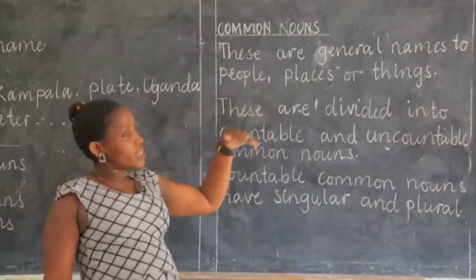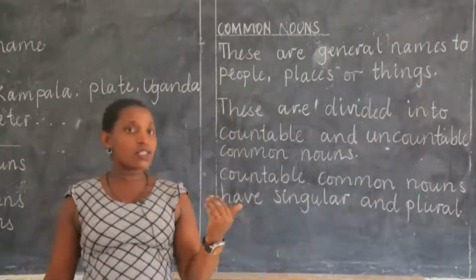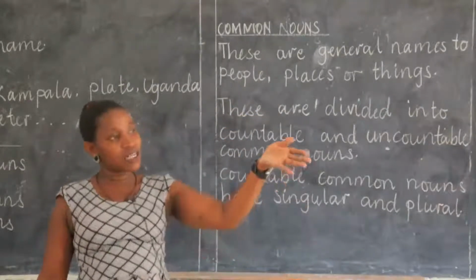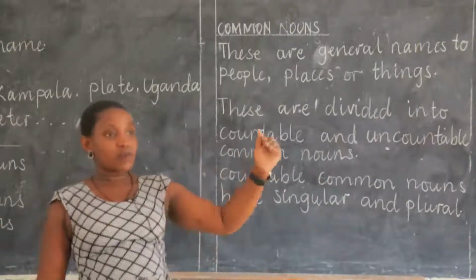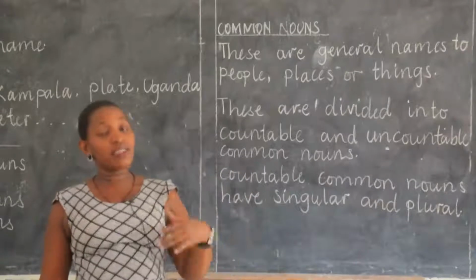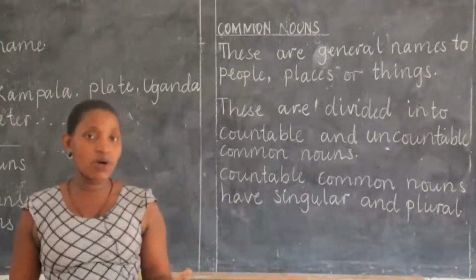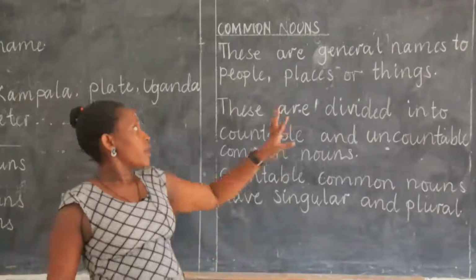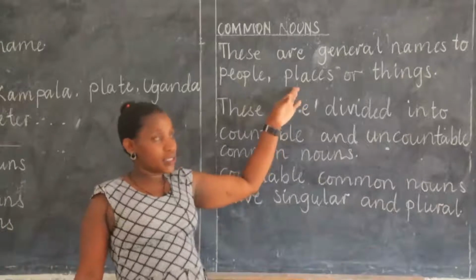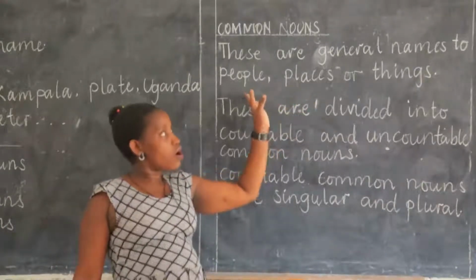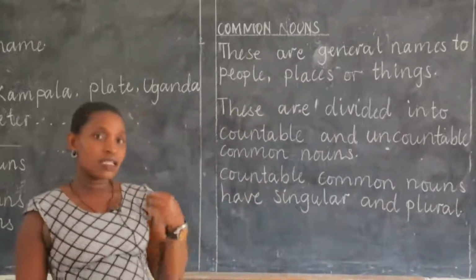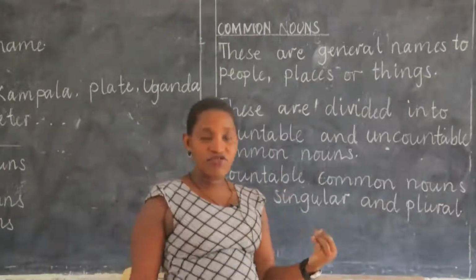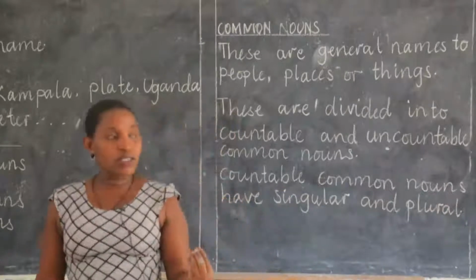But when you say Jane, now Jane is not a common noun. Now Jane is falling under a certain category we shall look at, because now you have specified the name. But when you say girls, that is a common noun. When you come to places, you can say villages, towns, countries, continents.